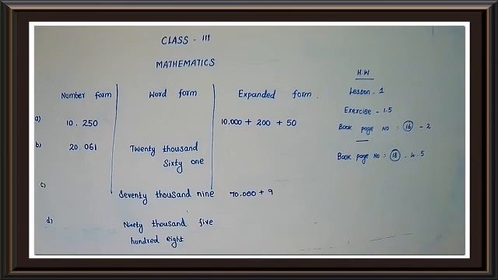Now come to the sixth one. Tick the correct answer. See the A question. The short form for 20,000 plus 4,000 plus 300 plus 20 plus 5 is.